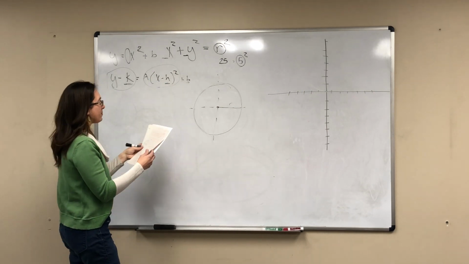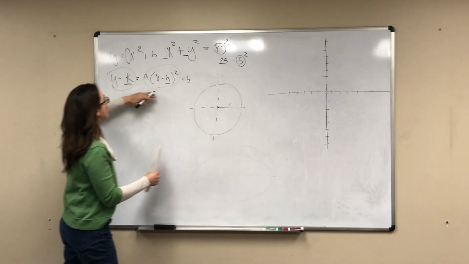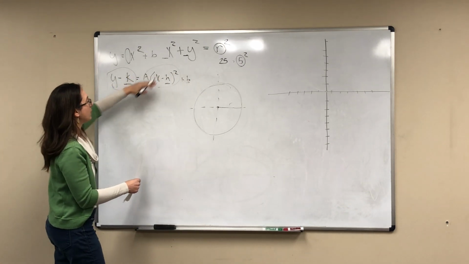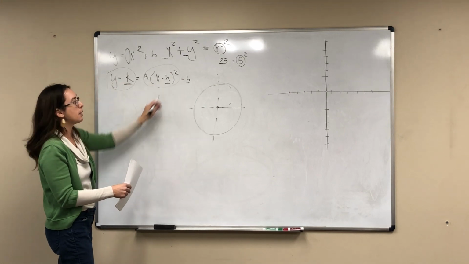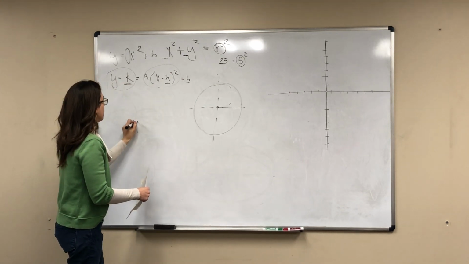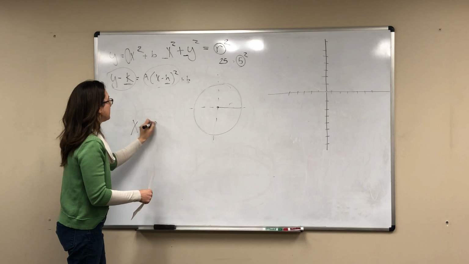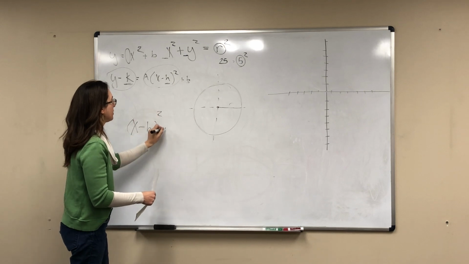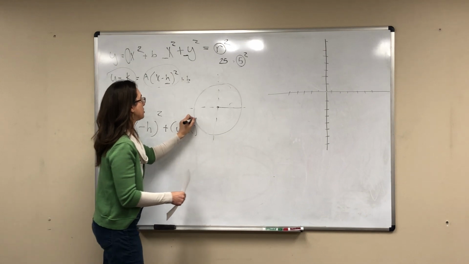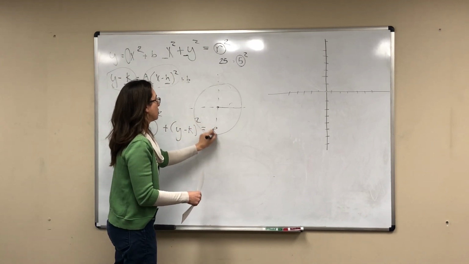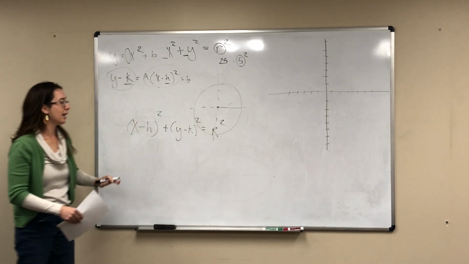Just like a parabola, when the x was all alone, it started at the origin. When a circle is all alone and there are no other x or y values, it's going to start at the origin, okay? So if we were going to take our circle equation, just like our parabola equation, and add h and k back in, we would have x minus h squared plus y minus k squared equals my radius squared, okay?